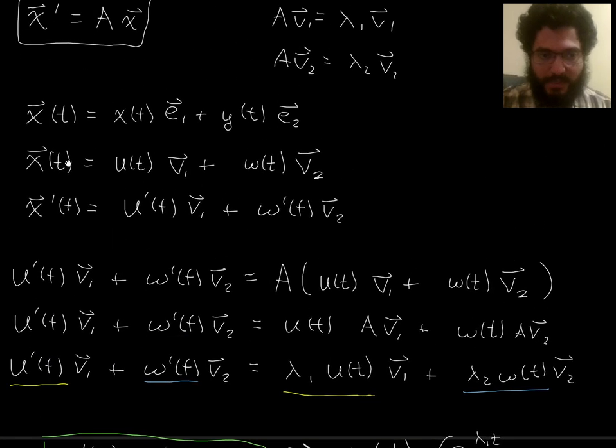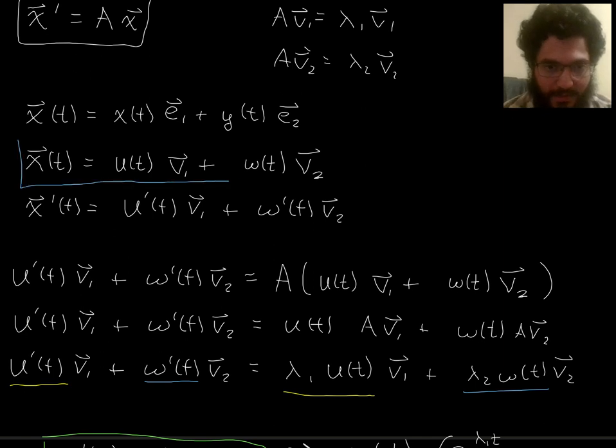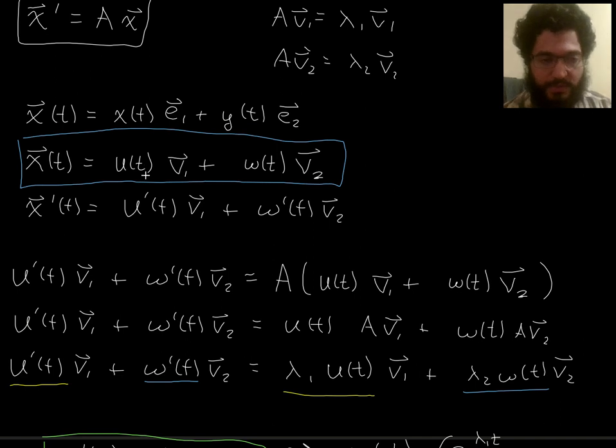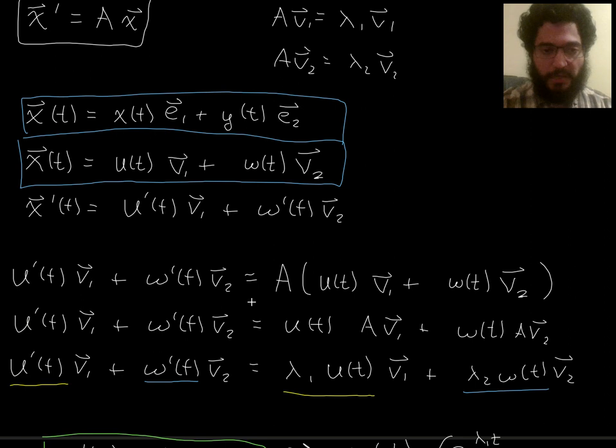The relationship is this: u of t and w of t are the names of the v1 and v2 components of the vector x, which consists of standard basis components x of t, y of t. So all you need to know how to transform between x of t and y of t is contained sort of here in this bunch of information.